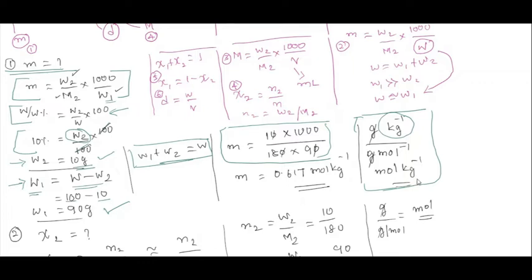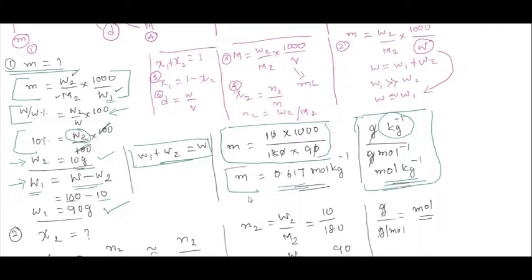When you keep the inverse in the numerator, it becomes mole per kg. So this is the molality unit, and here you can get the answer. Strike out all the zeros and proceed, and you will get 0.617 mole per kg.